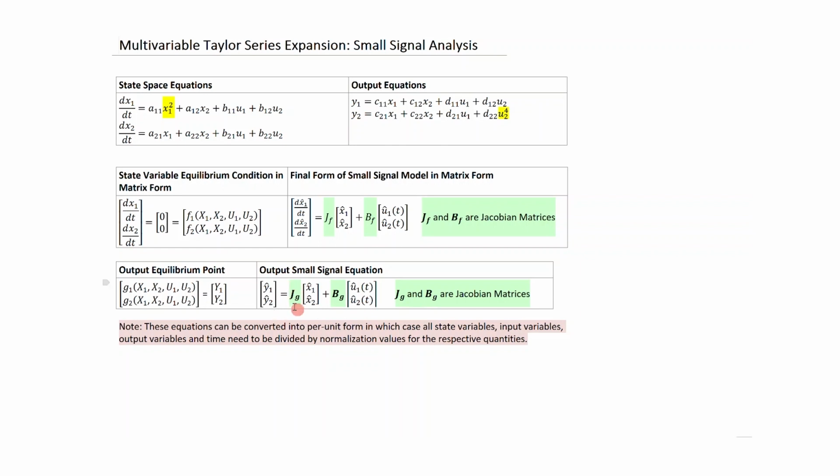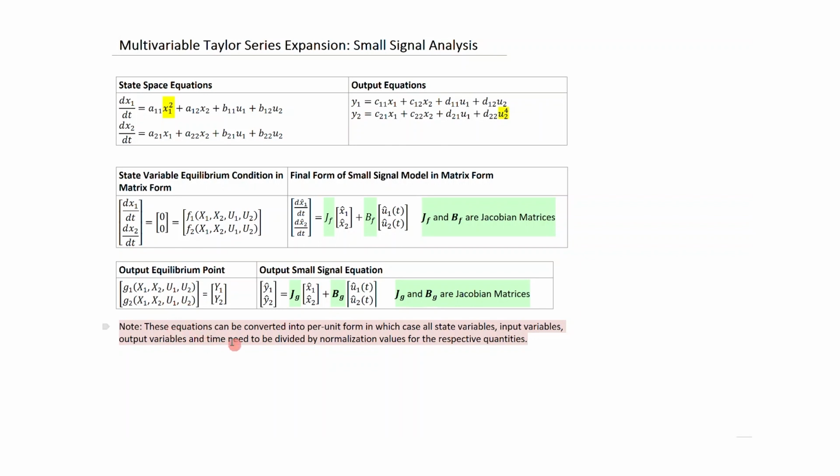Again, we end up with matrices involving partial derivatives with respect to the state variables and partial derivatives with respect to the input variables. These are pre-computed. These all depend on the operating point. In other words, these derivatives are evaluated at specific points, which would be x1, x2, u1, and u2.